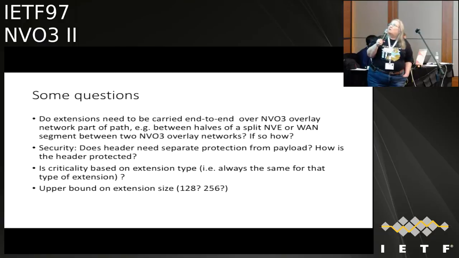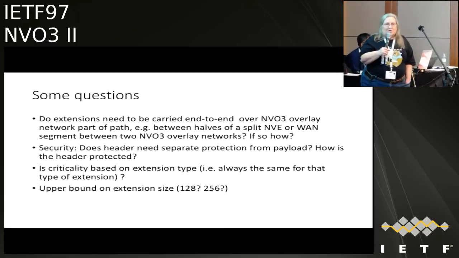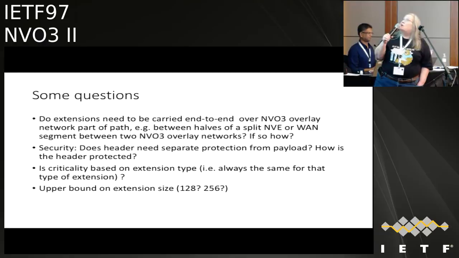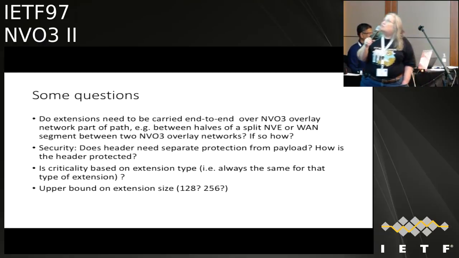So if you want them to go between two halves of a split NVE, or between NVO3 networks that are separated by another kind of tunnel, how do you get that information across?